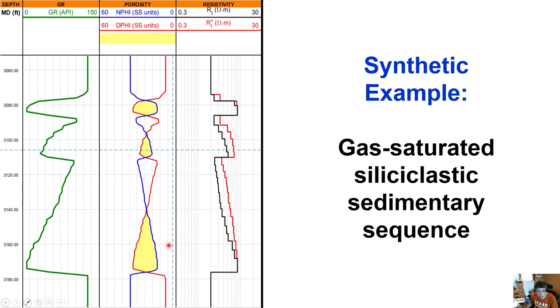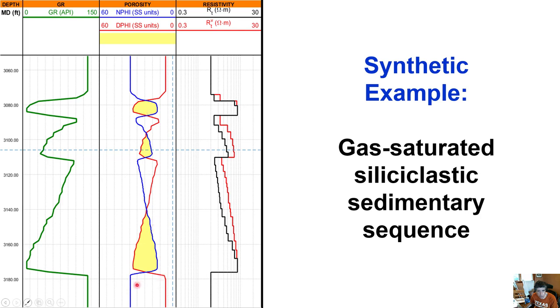That's what we see here. And as we go along, the difference between the neutron and density increases. Now we hit again a sandstone, which is shaly, and we see that the crossover shows up again. Interesting, isn't it? And then the gamma ray log increases. That means the volumetric concentration of shale increases. The crossover is gone, even though we continue to have gas. And then over here at the top, clean sandstone, the crossover comes back.